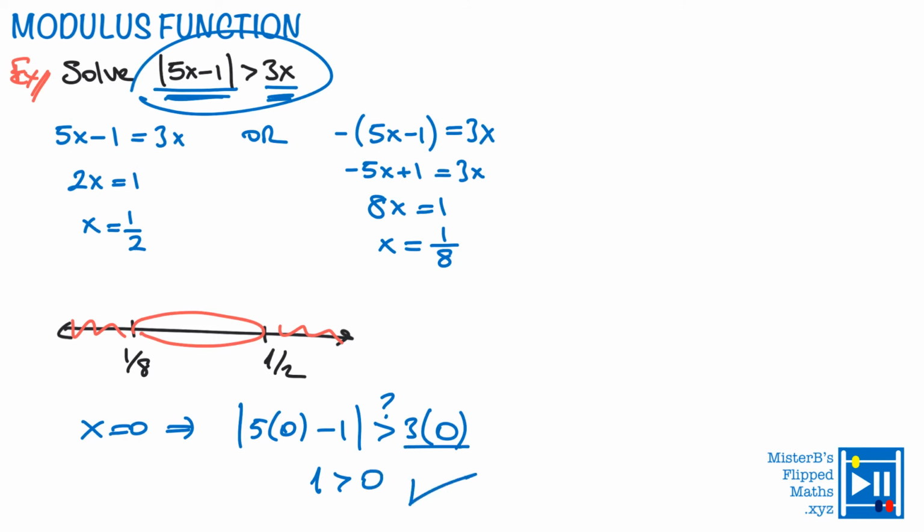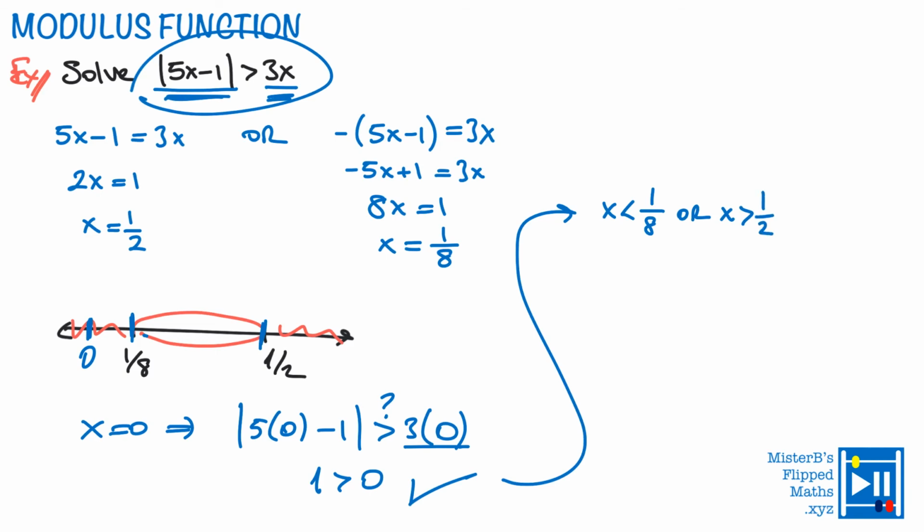So this is correct. So what it means is, just because I choose my value outside the roots, I can say that the solution will be x is less than 1 over 8, or x is greater than 1 over 2.